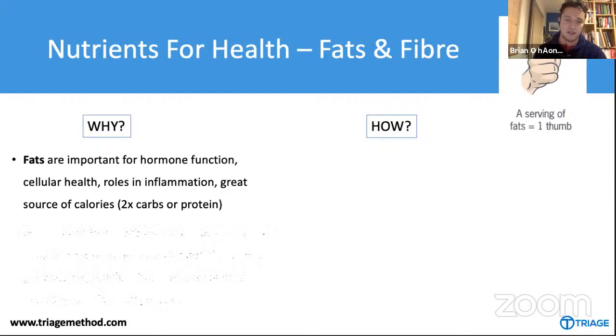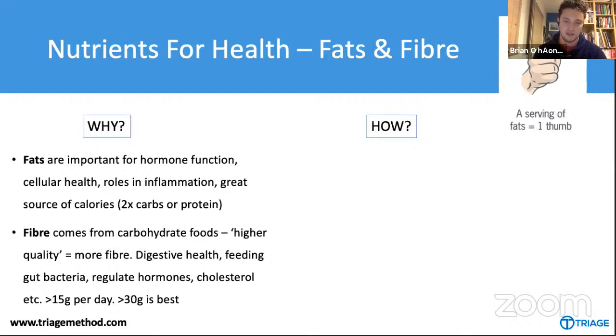And fiber then is found in carbohydrate rich foods. Okay, so generally when people talk about high quality versus low quality carbohydrates, they're talking about two things. They're talking about the micronutrient content, which are vitamins and minerals, and they're also talking about fiber content. So when you compare carbohydrates, what makes one high quality versus another that's low quality is really the fiber that's in them, right?